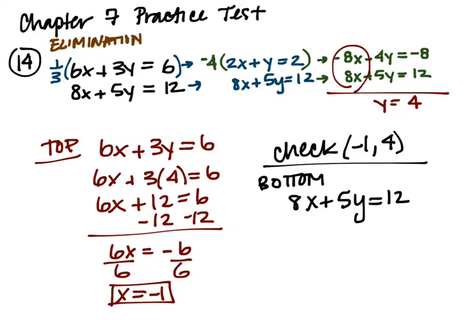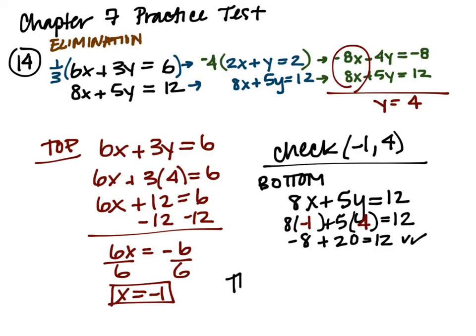Where I see the x, I'm going to place a negative 1, and where I see the y, I'm going to place a 4. So let's do that now. See if I can color code. Y is the 4, and x is negative 1. All right. Multiplying, I get negative 8 plus 20 is equal to 12. And in fact, negative 8 plus 20 does equal 12.